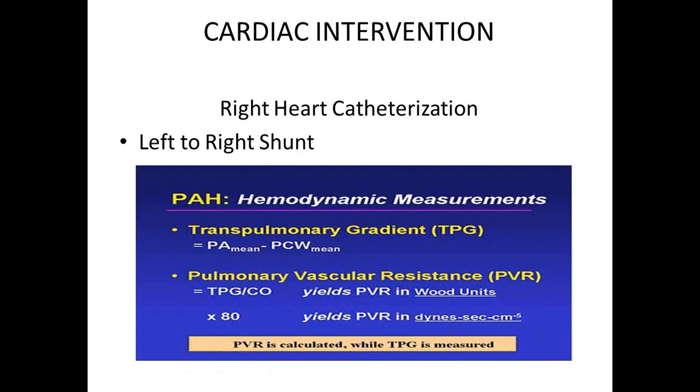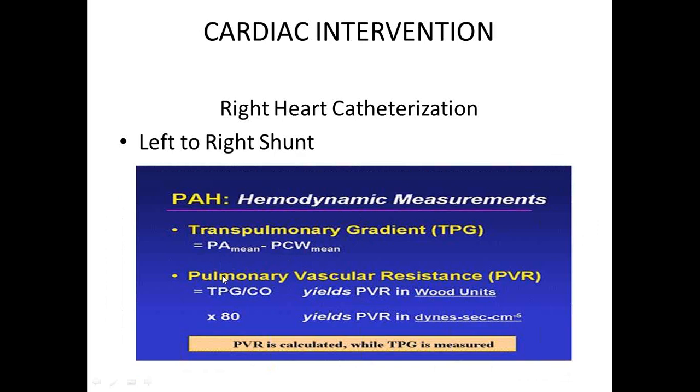Blood flowing from the pulmonary circuit into the left atrium is going to encounter a gradient, and that's what we call the transpulmonary gradient. Okay, and the gradient is the pressure difference. So it is the mean PA pressure minus the left atrial pressure, but our pulmonary capillary wedge pressure is a reflection of the left atrial pressure. So this pressure difference is our transpulmonary gradient.